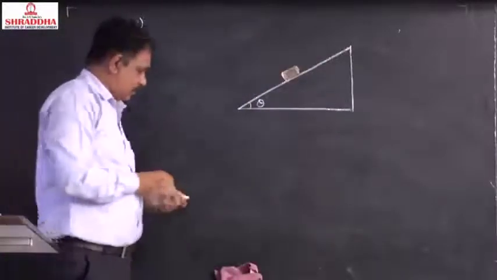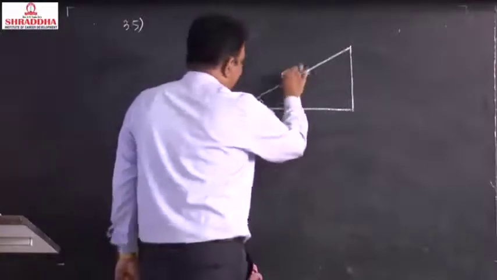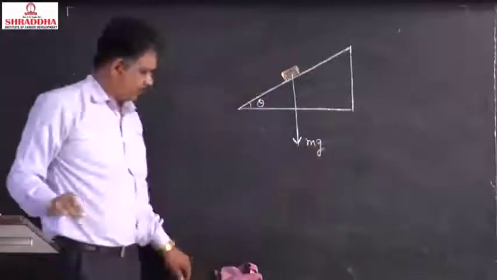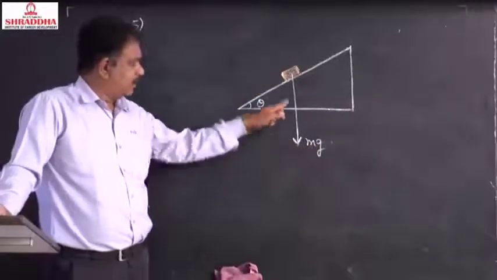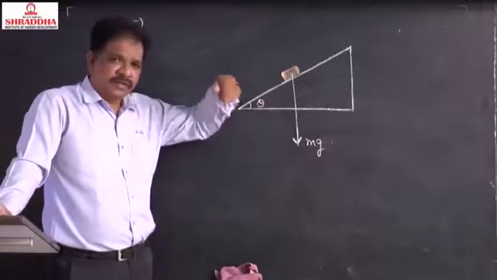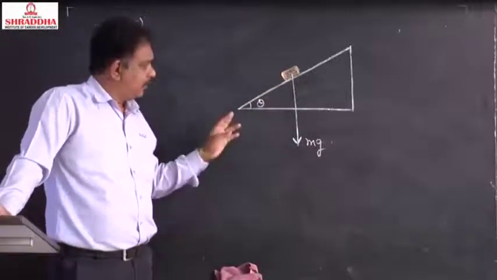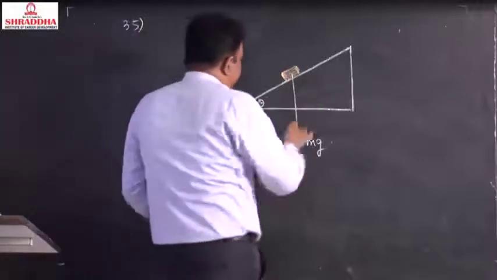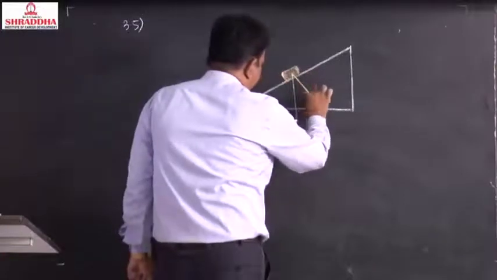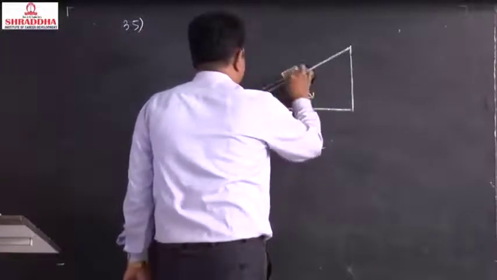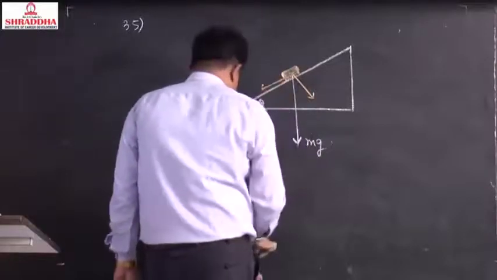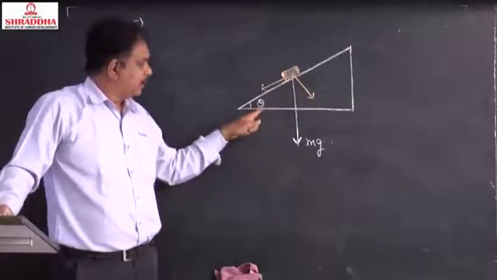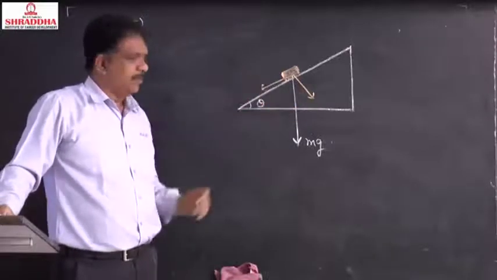Its weight mg will act normally in the downward direction. If we resolve this weight into two components, this will be one component and this will be another component.